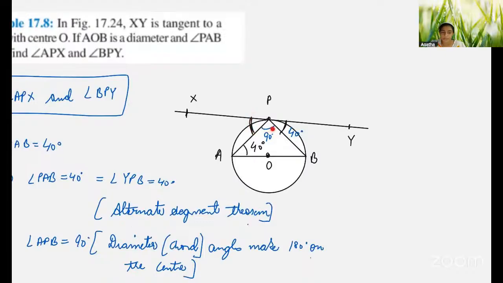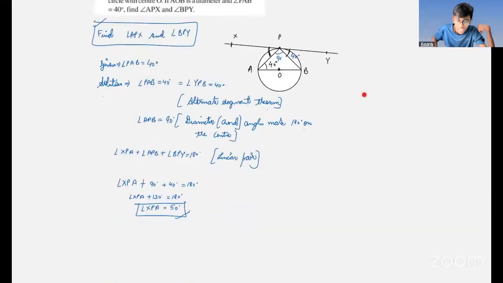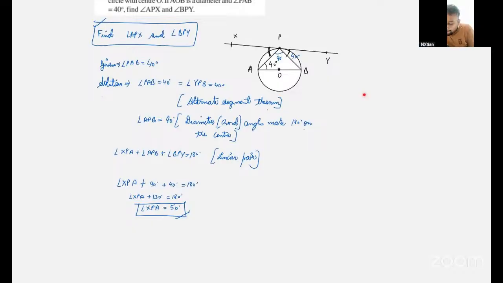XPA can't be 90. If XPA is 90, then the line XPY will not be 180, it will be 220. Okay, we'll do this question also.